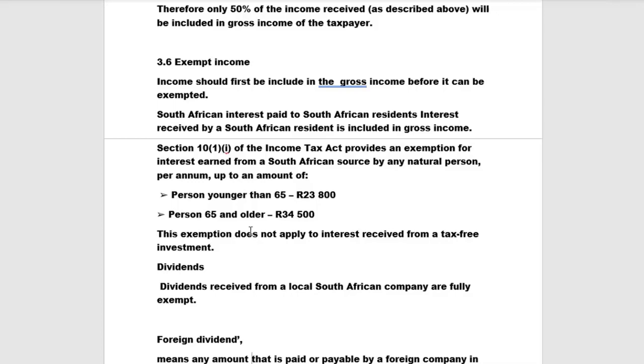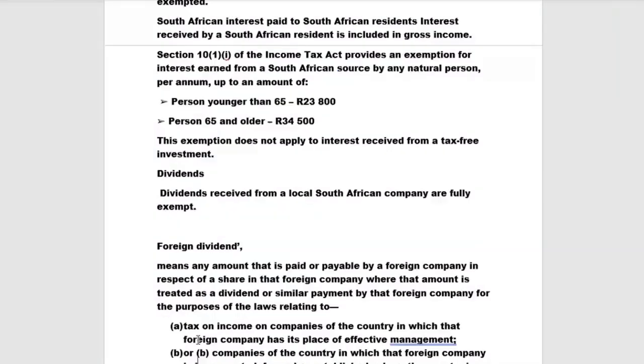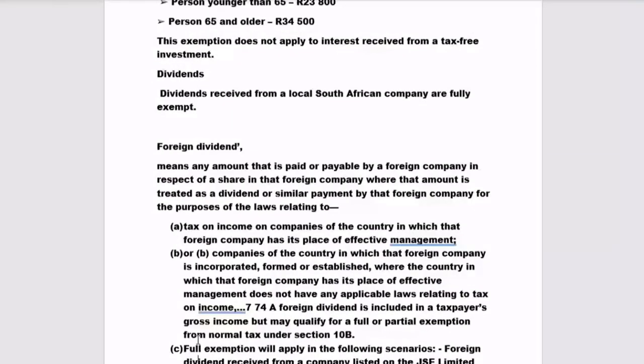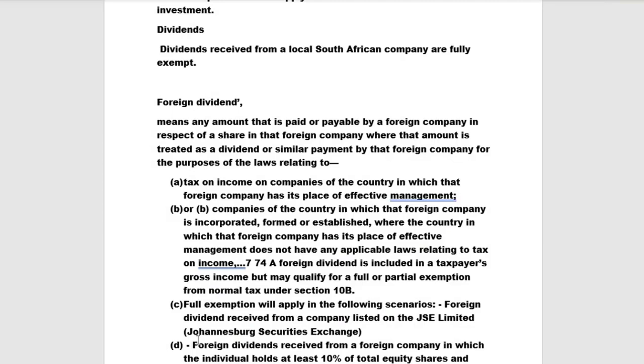So if you've got dividends in South Africa, you just put them there as part of your incomes, and then you exempt them when you do the second line item under your taxable. Foreign dividends means any amount that is paid or payable by a foreign company in respect of a share in that foreign company, where that amount is treated as a dividend, or a similar payment by the foreign company for the purposes of the laws relating to that.